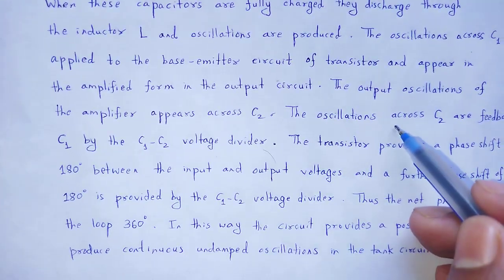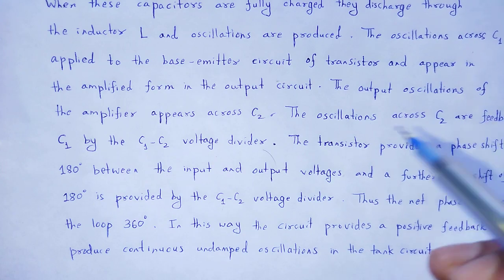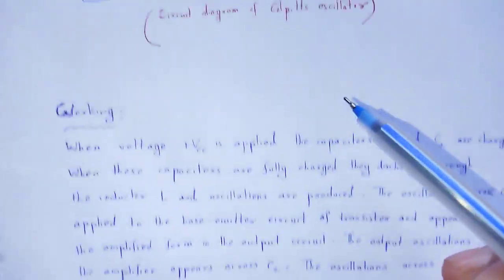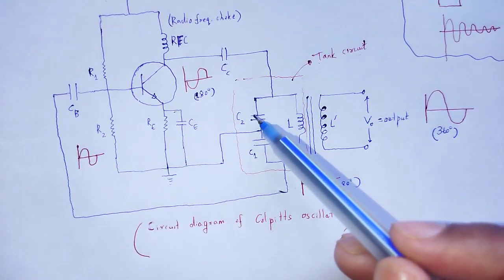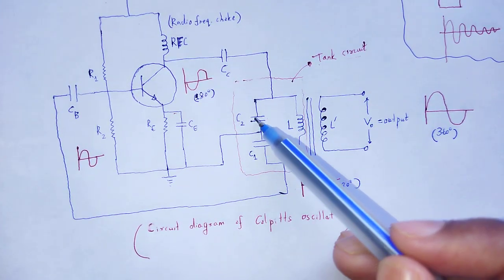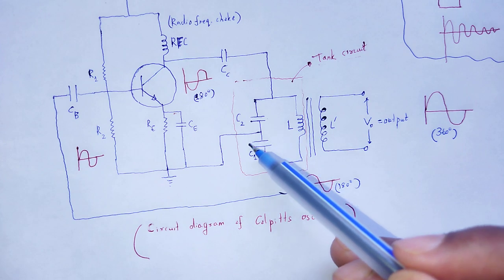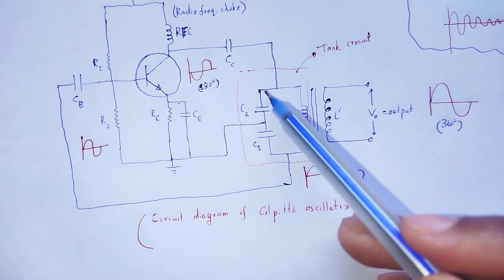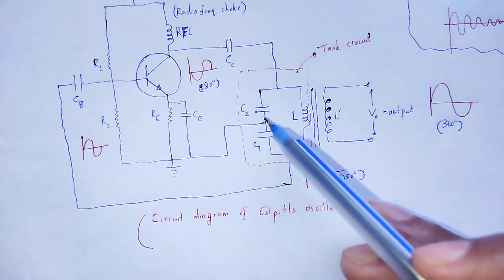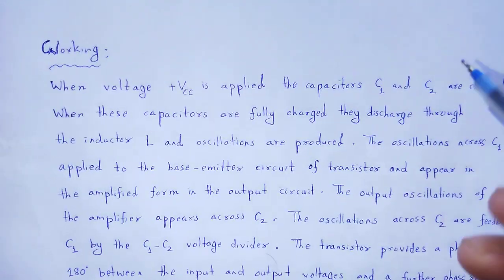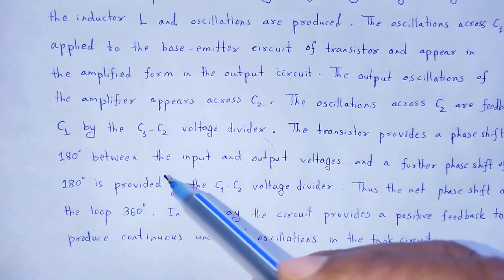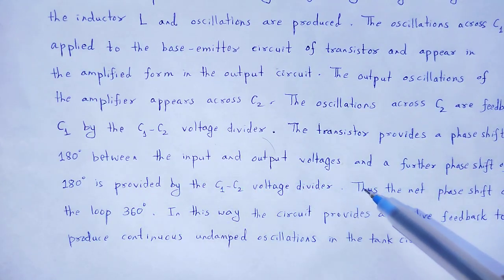The oscillations across C2 are feedback to C1 by the C1 C2 voltage divider. That is the feedback to C1 through that of C2 by that of C1 C2 voltage divider. The transistor provides a phase shift of 180 degree between the input and the output voltages.